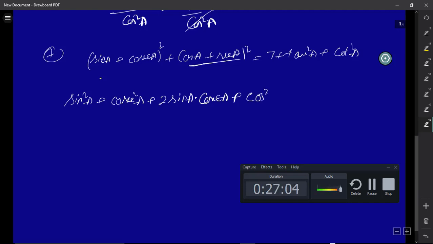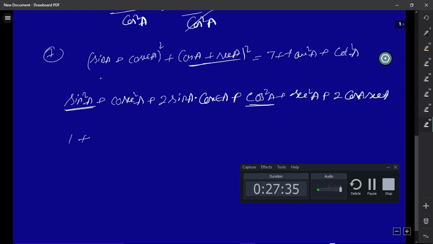Again, A plus B whole square is A square plus B square plus 2AB, right? Let me just go ahead and rearrange it. Sine square A plus cos square A. Sine square A plus cos square A is 1.